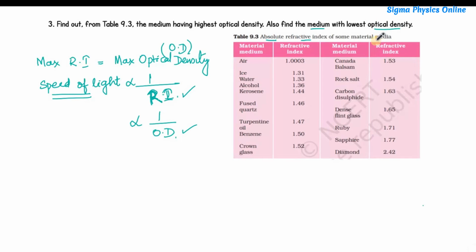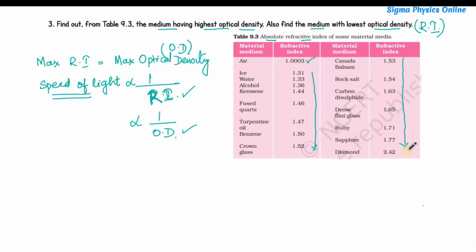In order to find it, we just have to look at the medium with the lowest refractive index. That will be the medium with the lowest optical density, and similarly for the highest optical density. As you can see here, air has a refractive index of 1.0003, and the refractive indices of media like ice, water, alcohol, kerosene go on increasing as we go down the list.